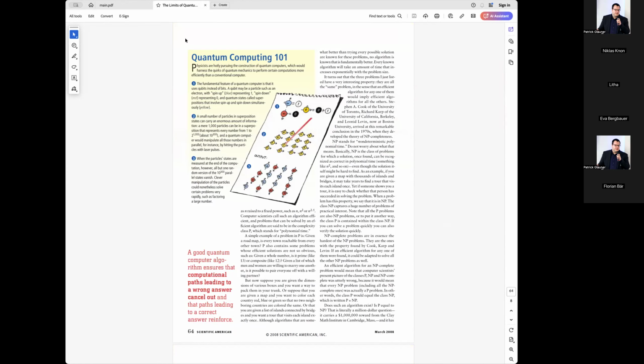There's a quick quantum computing 101, maybe as an executive summary of what our whole course is about. You can probably get it from here. And since this course is highly interdisciplinary, we also have students from business and engineering. To those, there are probably quite a few new terms in here.